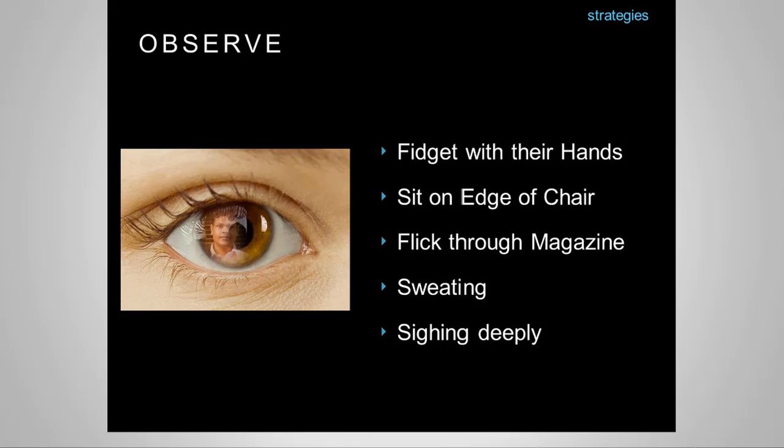They fidget, they sit on the edge of the chair, they might be flicking through magazines or newspapers. They might change positions, they cross or uncross their legs quickly. It's pretty amazing how they do that too. They're sighing, obviously sweating, you don't want to see them sweat, but again, these are behaviors that indicate some level of dental anxiety.